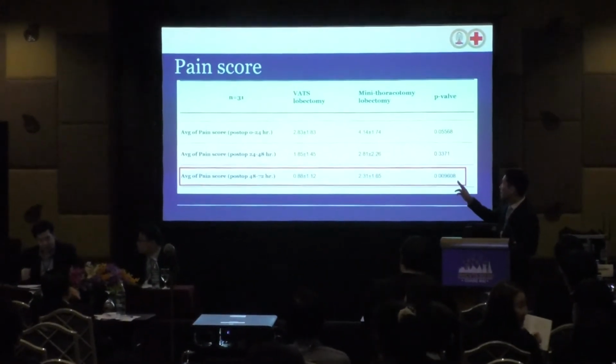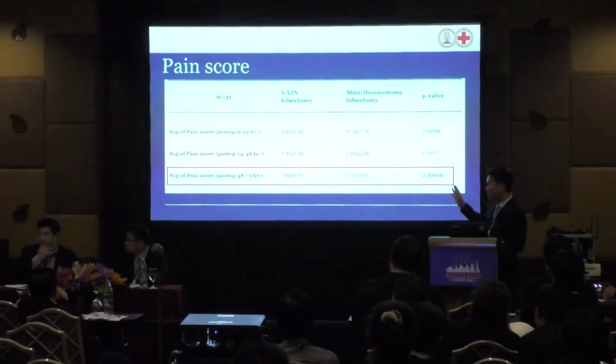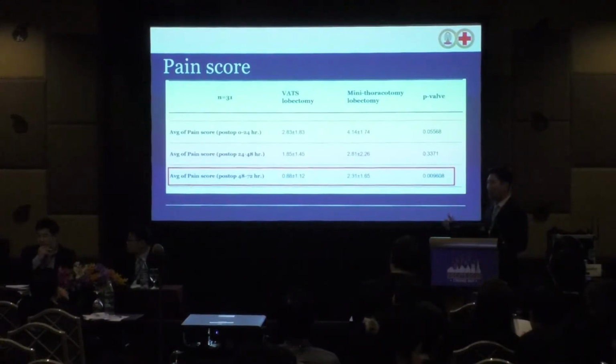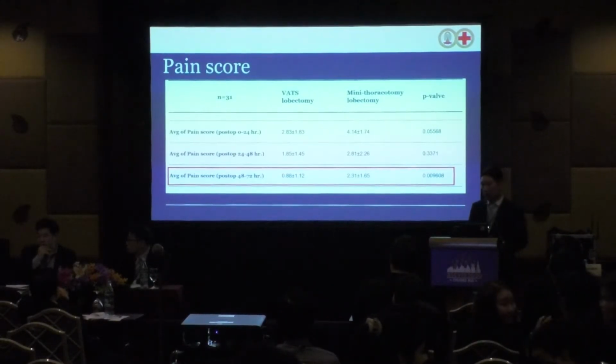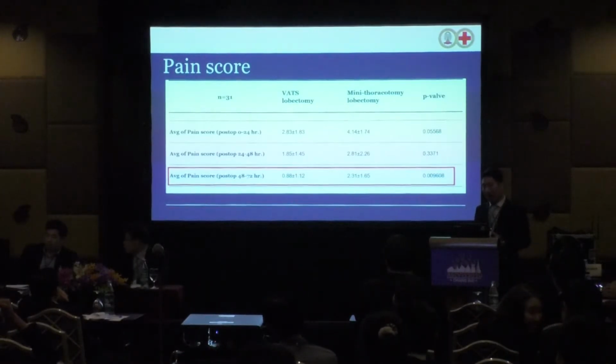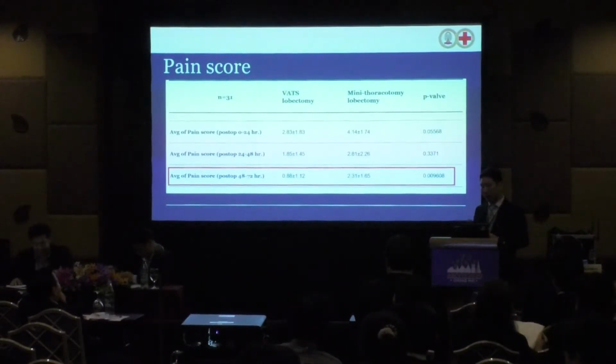We show that in the lobectomy group, the pain score is lower than in the mini-thoracotomy group, especially on the third day, significantly. So I think when the patient has pain, they cannot breathe deeply and don't have the flow to blow for pulmonary function.